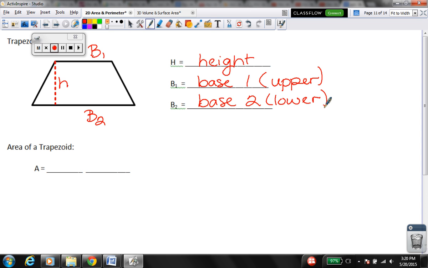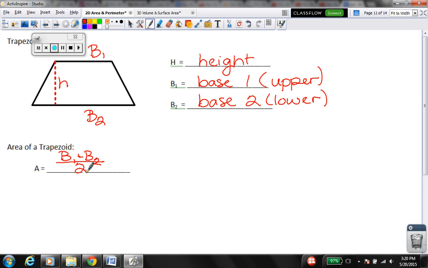Now, the area of a trapezoid, this one's a little bit trickier. What you're going to do is take the average of base 1 and base 2. So we add base 1 plus base 2 and divide by 2. That's the average.